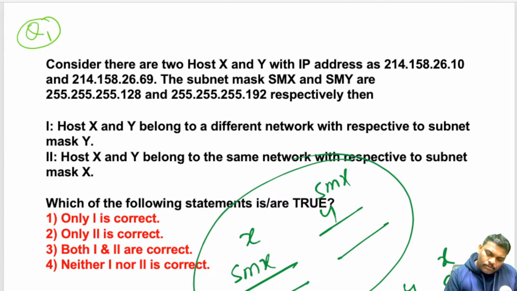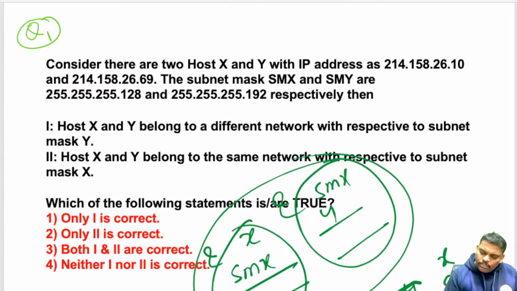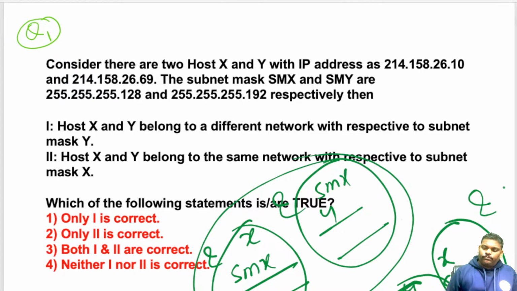X and SMY, do AND. Whichever matches, that is the answer. We already did this. This is the way, just do the AND operation. AND operation of this, of this also, of this also, of this also. You will get the answer.